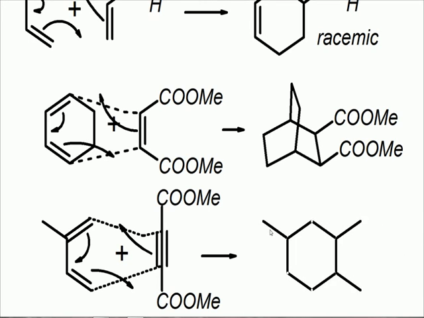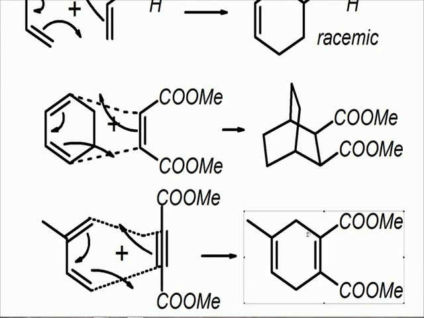And what we get out of it is a 1,4-cyclohexadiene with our esters over here and the methyl group over here. So that's an introduction to the Diels-Alder reaction and how it works. As I said, 4+2 cycloaddition, with the driving force being the conversion of two pi bonds into two sigma bonds.